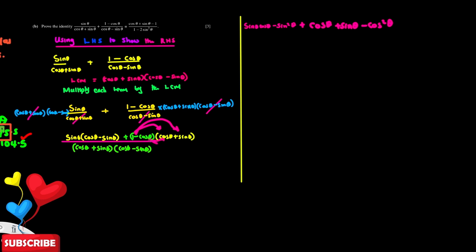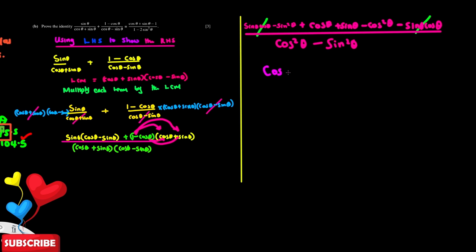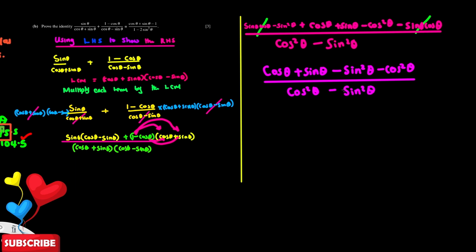Moving on, we put the like terms together and cancel out anything that is not adding up, so that we express as a common denominator. If you expand the denominator, you get cos squared theta minus sine squared theta. This becomes cos theta plus sine theta minus sine squared theta minus cos squared theta over cos squared theta minus sine squared theta.